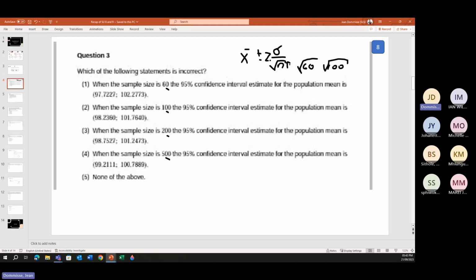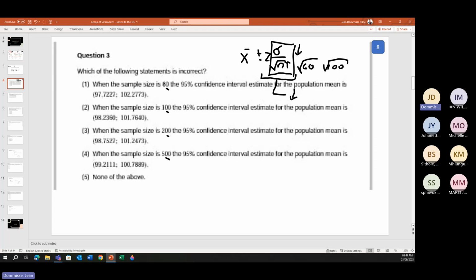As that bottom component becomes bigger, this component will become smaller. If the rest stays the same, it means that this component will become smaller.